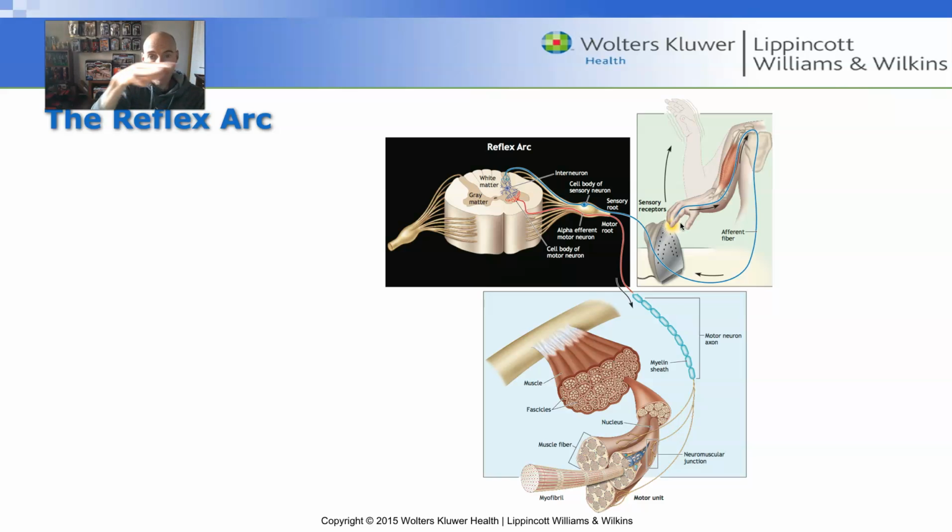There's what we call a reflex arc, where the sensory receptor is stimulated. You feel the pain, all right? That information is sent down a nerve into the spinal cord, okay?